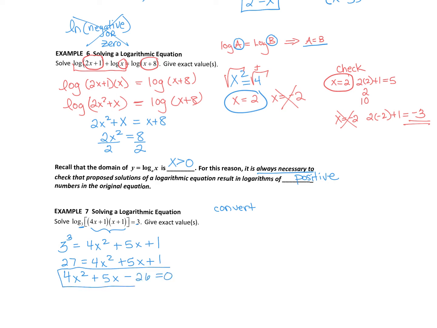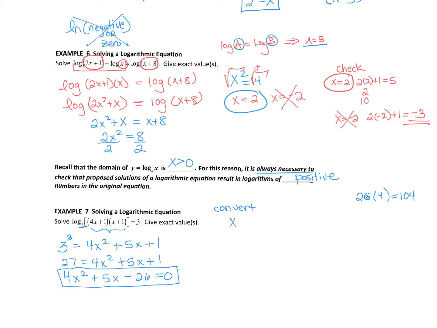So we have a quadratic here. We could try to factor this. I'm wondering, 26 times 4 gives me 104. I don't believe that this factors, so I'm going to go ahead and use the quadratic formula.